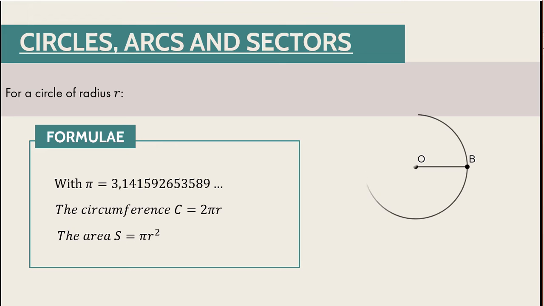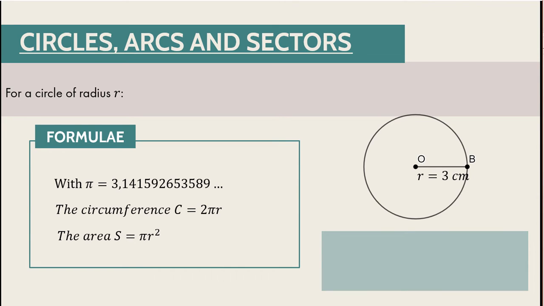Now let's have a look at this circle here with the radius 3 centimeters. We just have to apply the formula to calculate the circumference and the area of that circle. The area is equal to pi r squared equals 9 pi, and it is approximately 28.27 square centimeters.